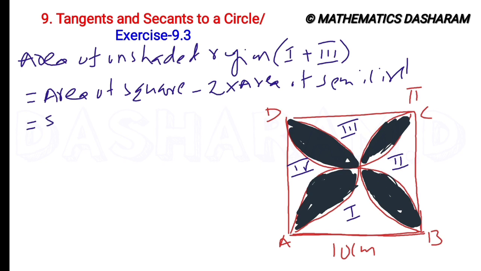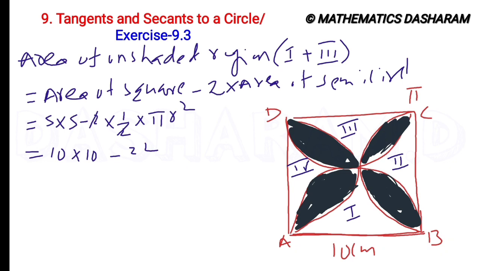So area of a square formula is side into side, minus 2 into area of a semicircle, which is 1 by 2 pi r square. So the side of the square is 10. So 10 into 10 minus, here the 2 cancels, pi value given in the question, that is 3.14 into radius of a semicircle.